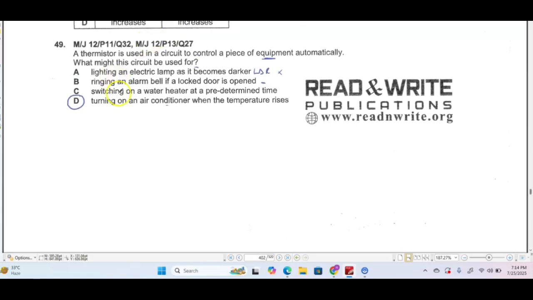I know that anything related to temperature is related to a thermistor, but over here this is an automated kind of process. Here the temperature isn't decreasing or increasing. The temperature has to increase or decrease in order for the thermistor to work. It is temperature sensitive equipment.